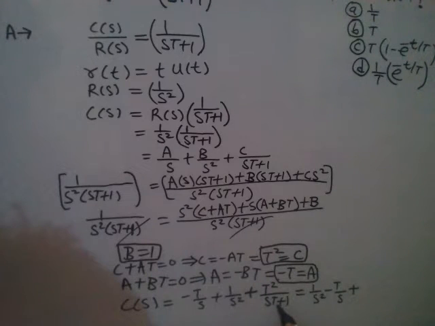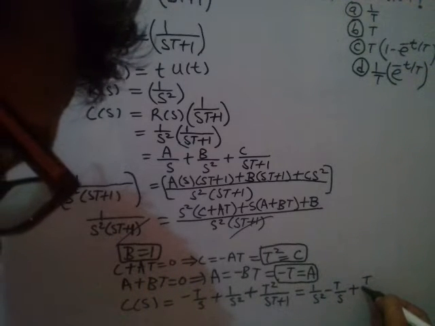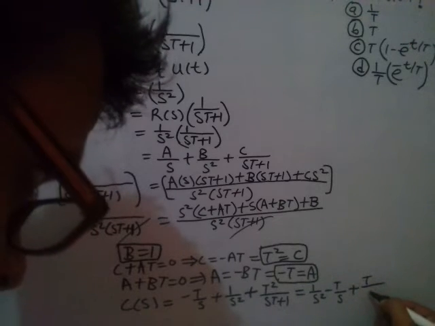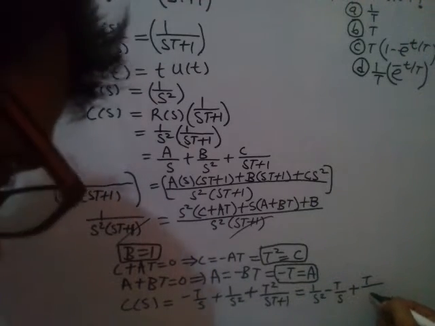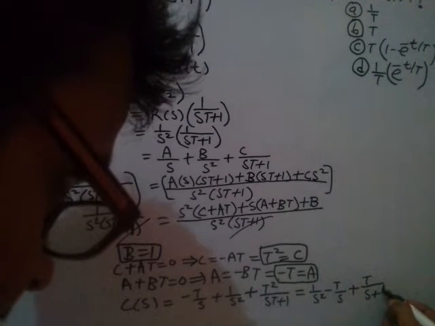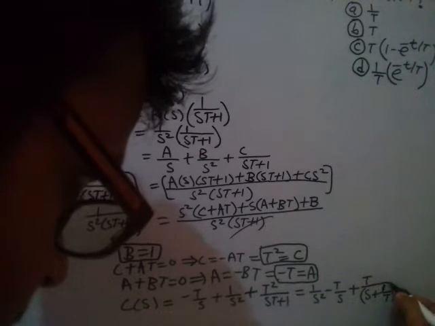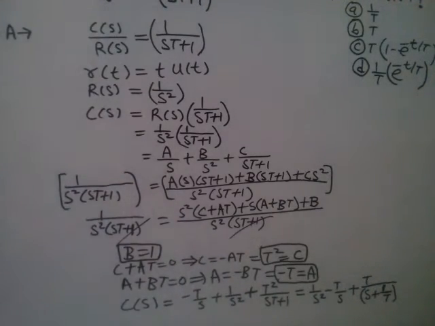So T in the denominator gets cancelled with T in the numerator. So finally it will remain T by (s plus 1 by T), right? So that is the controlled output in Laplace domain.